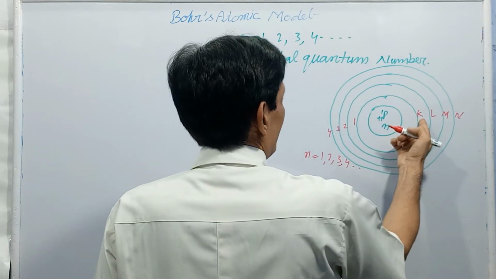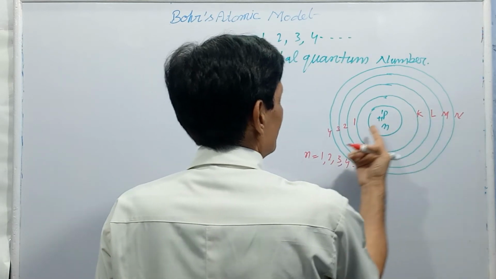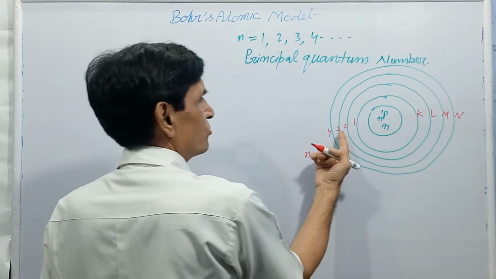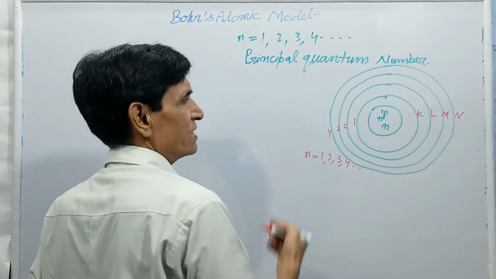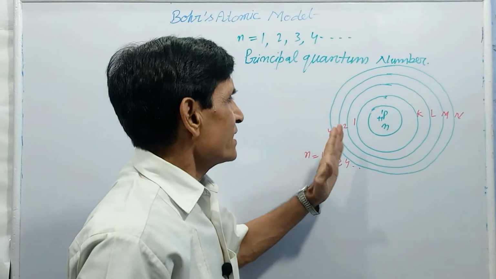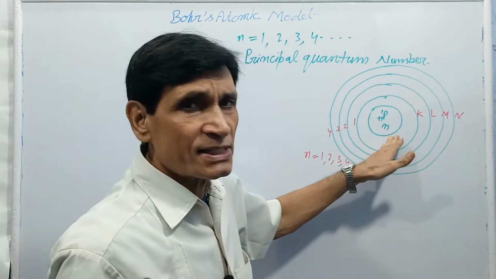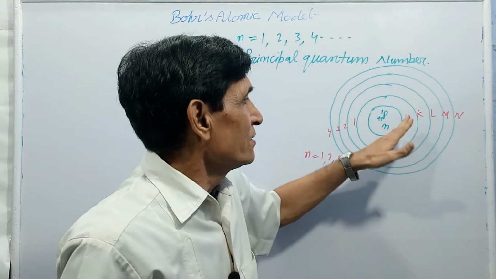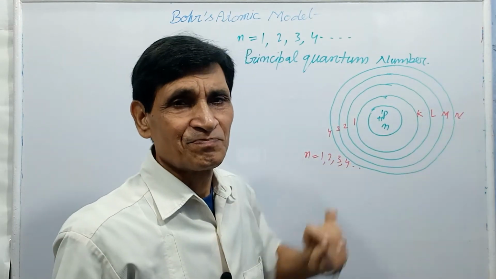Here K means first cell, L means second cell, M means third, N means fourth cell. Next point, these cells are numbered from nucleus side to outward, like this.